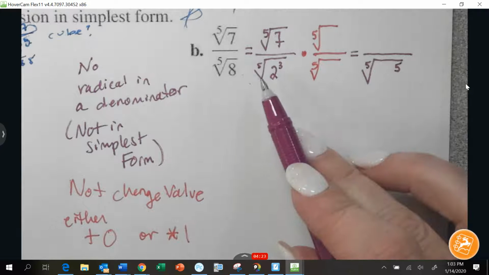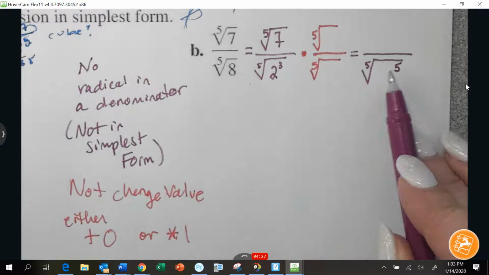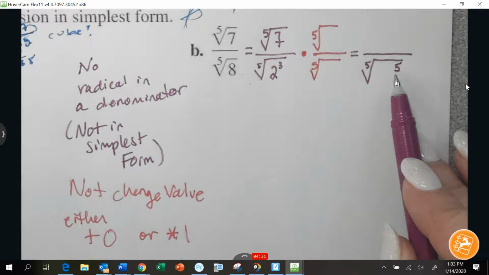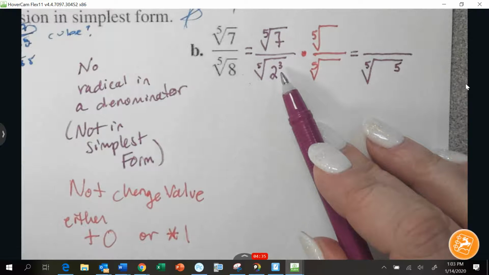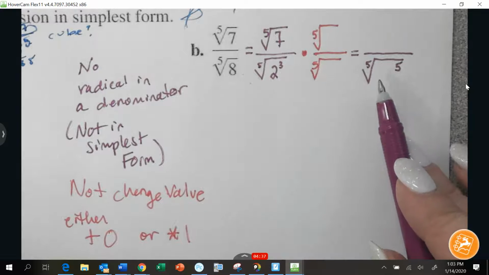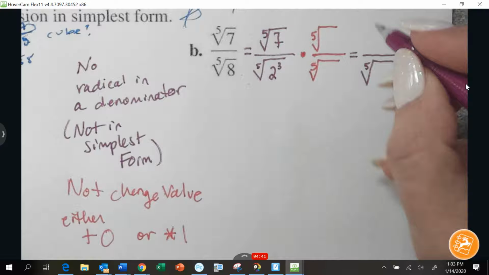So looking at my original, which is 2 to the third, what do you think needs to be to the 5th when I'm done? Right now this is 2 to the third. I need it to be something to the 5th. Any guesses? 2. Needs to be 2 to the 5th when I'm done.